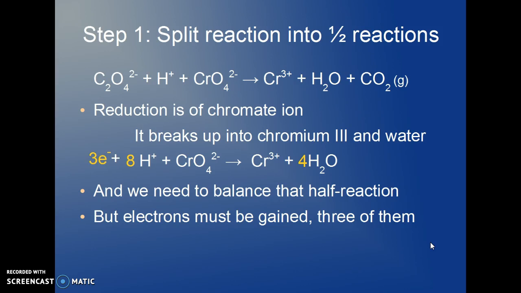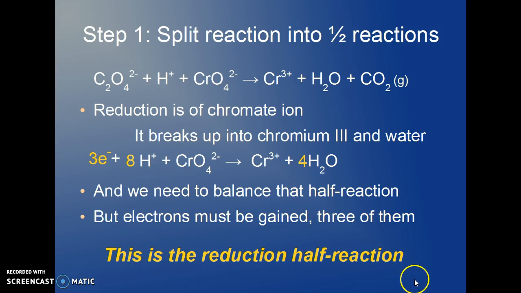But electrons must be gained, 3 of them. So we have a -3 here and a +8. That makes +5. And then we're going to subtract 2. So that's +3, and now we have +3 over here. So our charges are now balanced. This is the reduction half reaction.